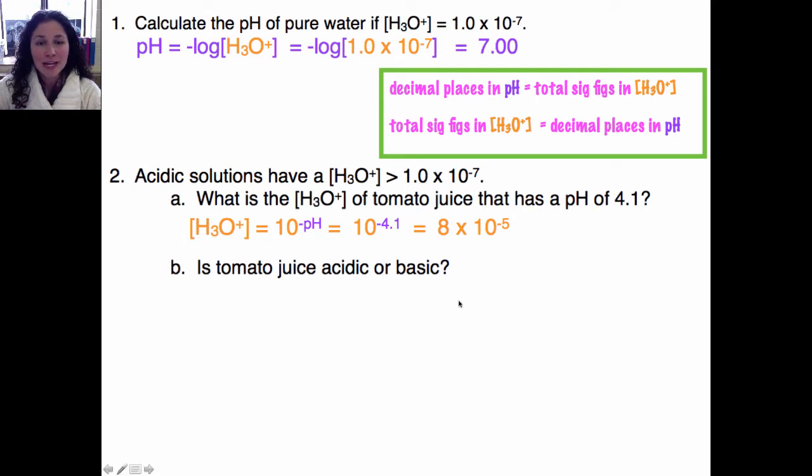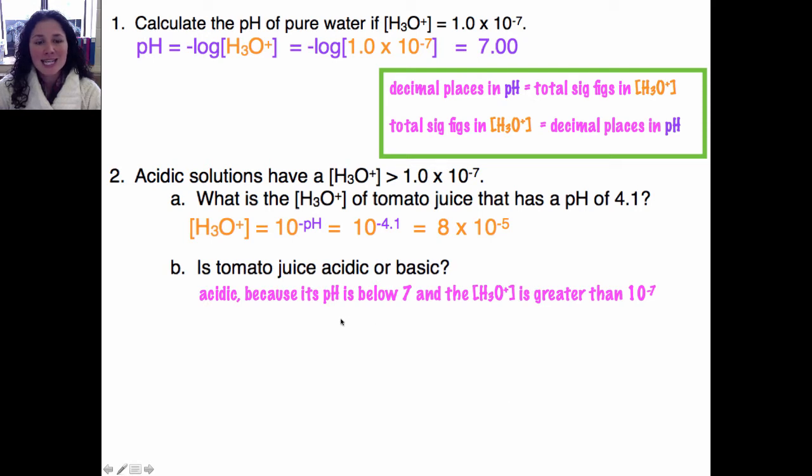And anything greater than this number, so more acid than neutral, means it's acidic. So it might be easy to answer this second question, part B here, looking at either the pH or the hydronium ion concentration. This solution is acidic because its pH is 4.1, it's below 7, and the hydronium ion concentration is greater than 1 times 10 to the negative 7th.